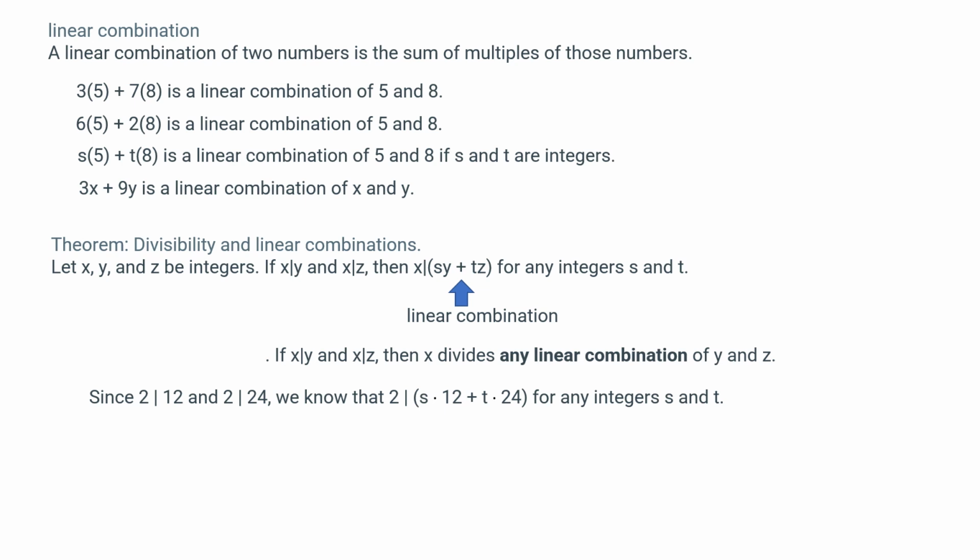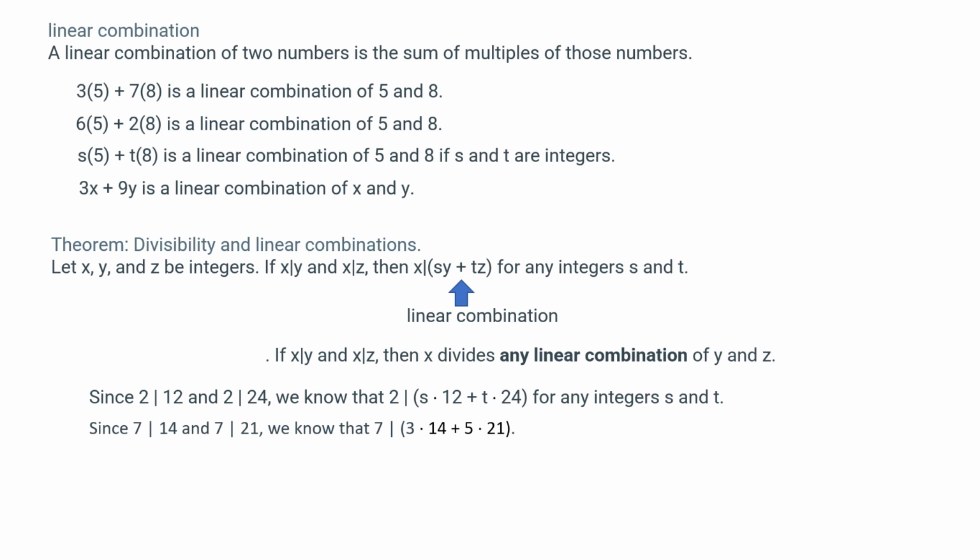We know that 2 divides 12 and 2 divides 24. So we would know for sure, as long as we can be assured that s and t are integers, that 2 divides s times 12 plus t times 24 for any integers s and t. Because that is a linear combination of the 12 and the 24.